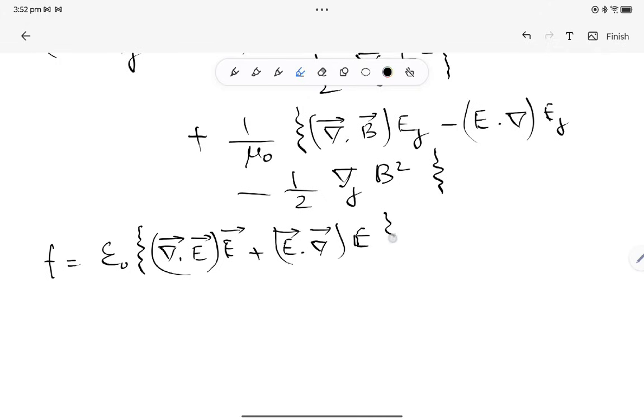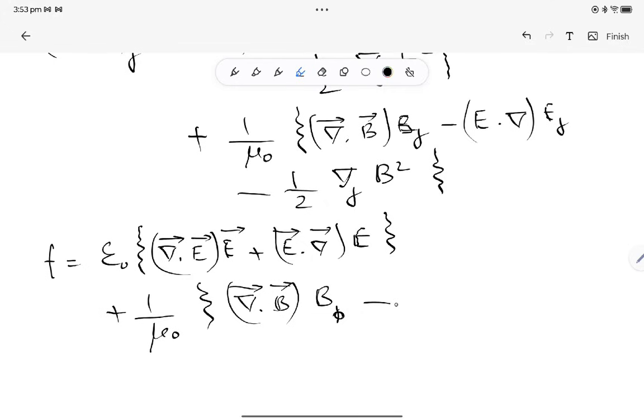Then 1 by mu naught, and then we had (del dot B) into B, and minus, I'm sorry, I've written here B_j, and minus 1 by 2 del_j of B squared.